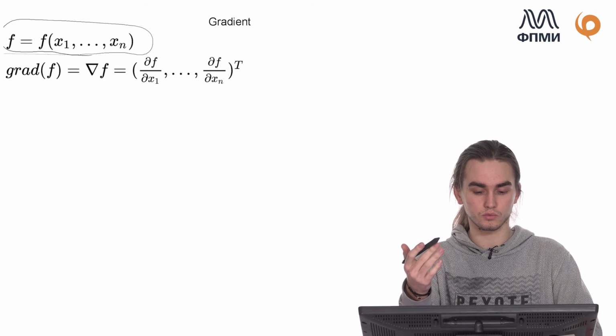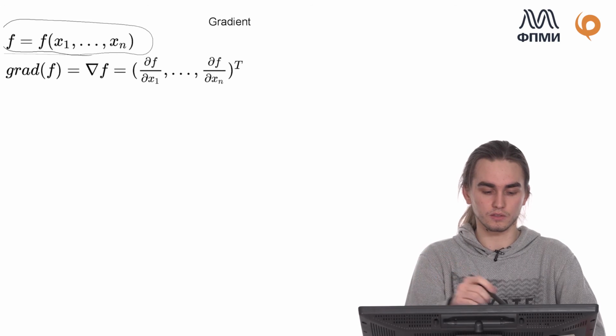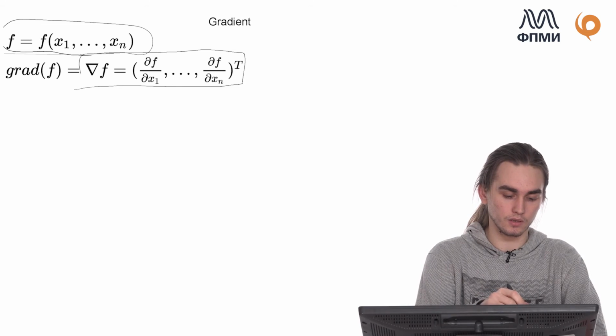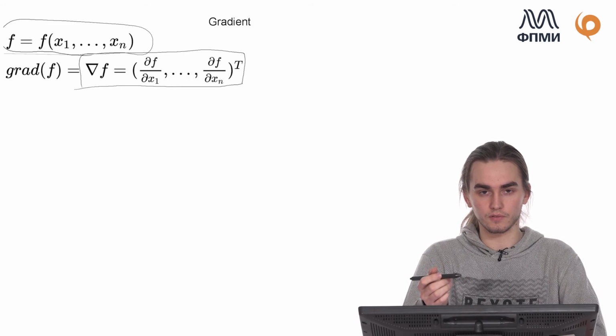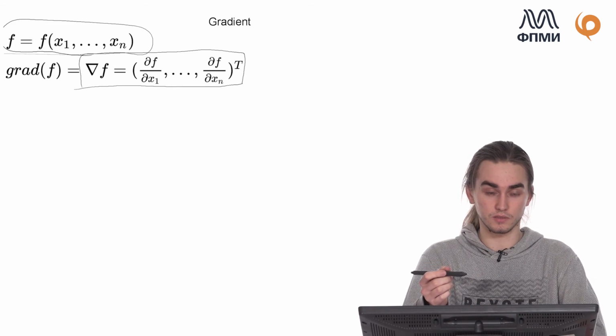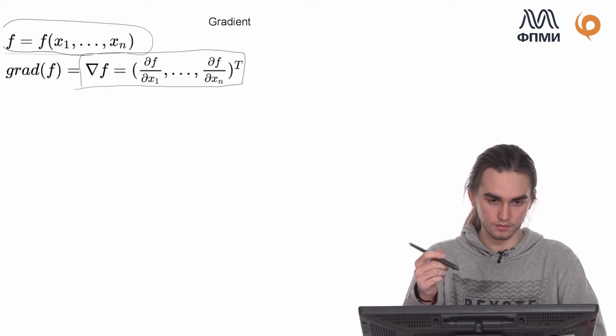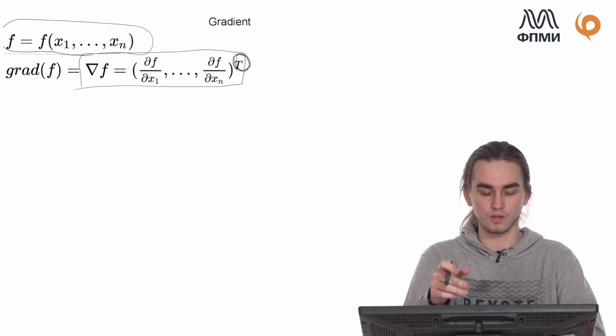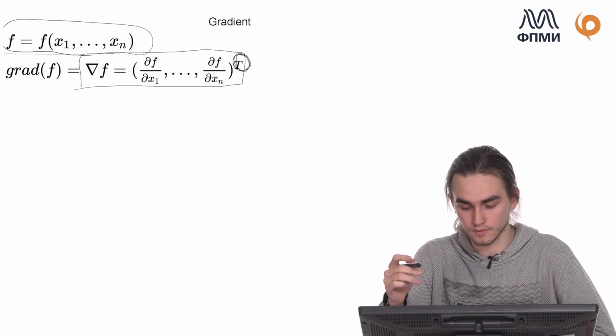We just write down every partial derivative of it, and then add them up as a vector. Here T is for transposing, because a vector is actually a column.